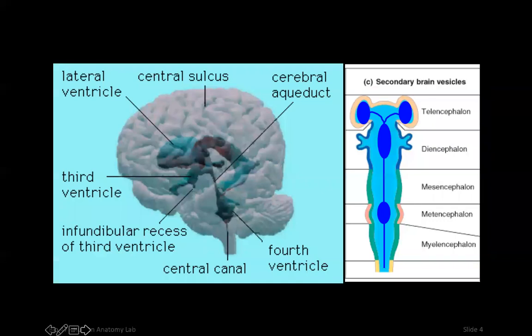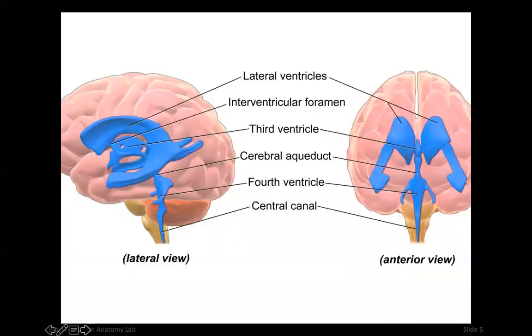And here's a look at these hollow spaces inside the brain. They're called ventricles, and cerebrospinal fluid is created in the ventricles and flows through the ventricles. I'm going to show an image that shows them a little bit better. So here's a lateral view and an anterior view of the brain showing the ventricles in blue.